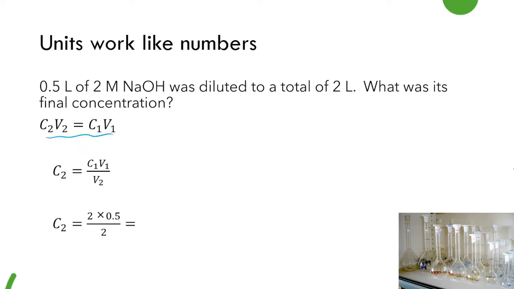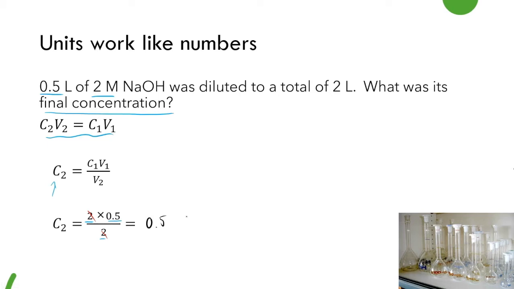We're looking for the final concentration, so we're isolating for the C2. And when we do that, we find that we have our initial concentration, that 2 molar sodium hydroxide, the initial volume, that 0.5 liters, and the final volume, 2. And if you wanted to do this in your head, you could just cross off the 2's and find that your final concentration would be 0.5.